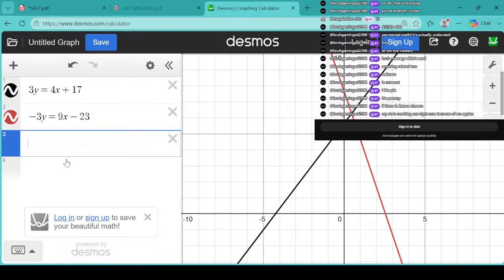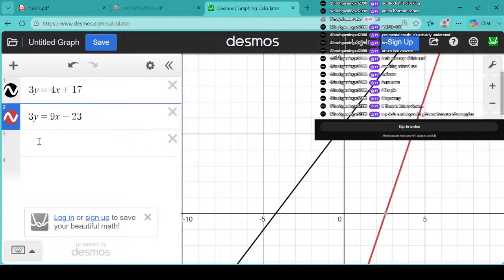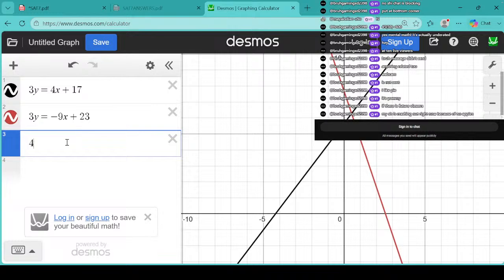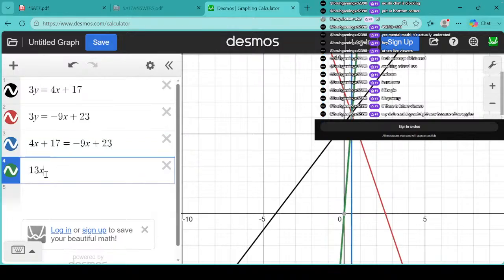So let's just go to Desmos and type it all out because my handwriting is terrible. Okay, so if we flip the signs of the entire second equation, we get 3y equals negative 9x plus 23, meaning 4x plus 17 equals negative 9x plus 23, which means 13x equals 23 minus 17, which is 6.